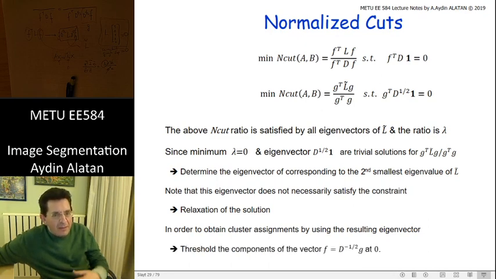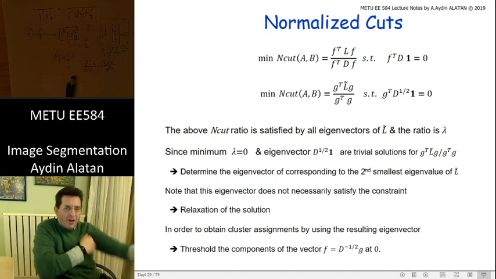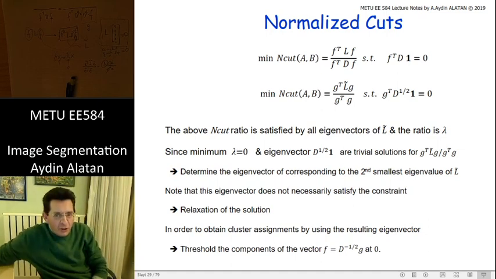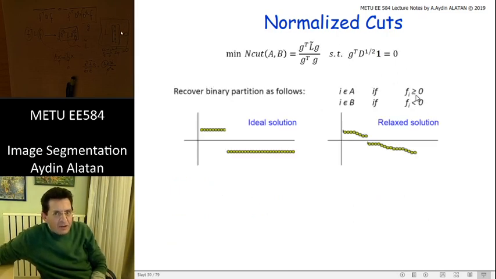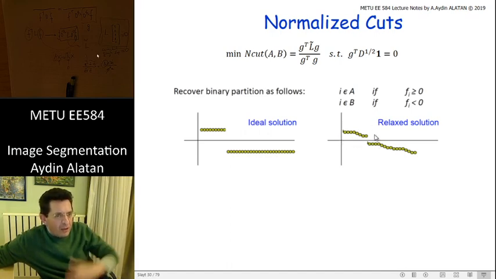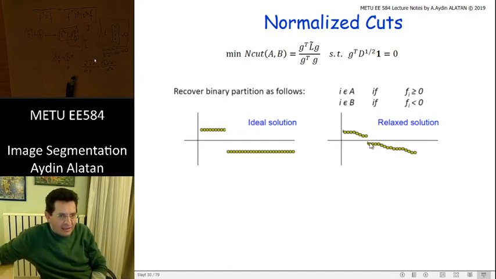We will simply threshold the components of this vector to have a result. In other words, we have a G. Unfortunately, this G is not completely satisfying this. This is the ideal solution maybe you are looking for, but this is the relaxed solution. The positive ones will be one cluster, the negative ones will be the other cluster.